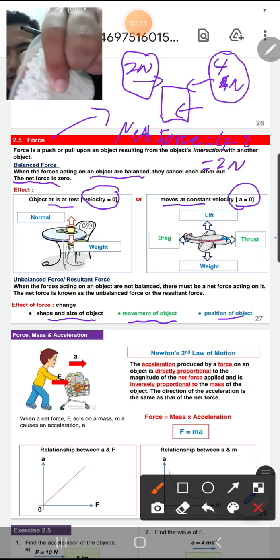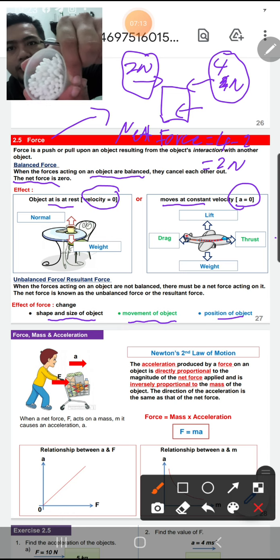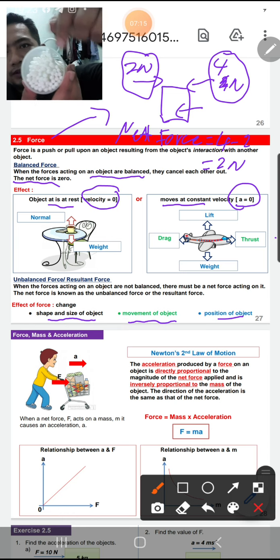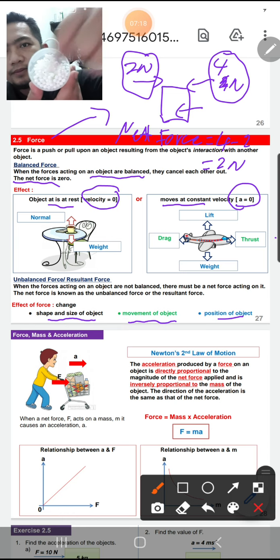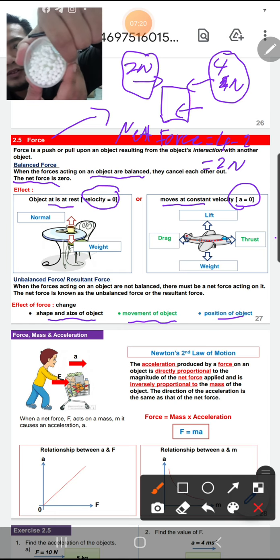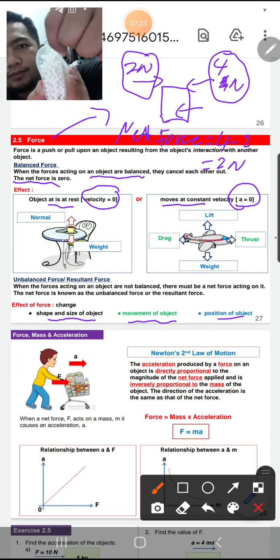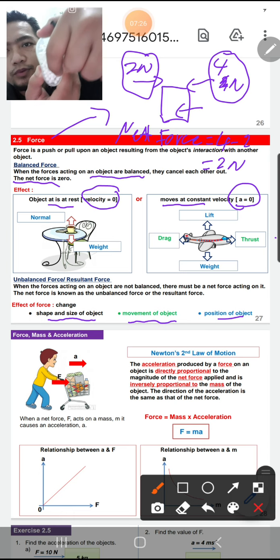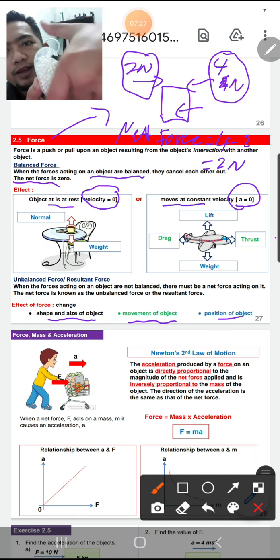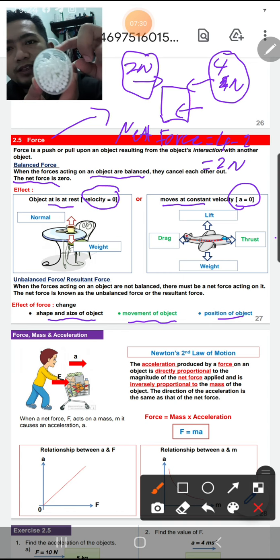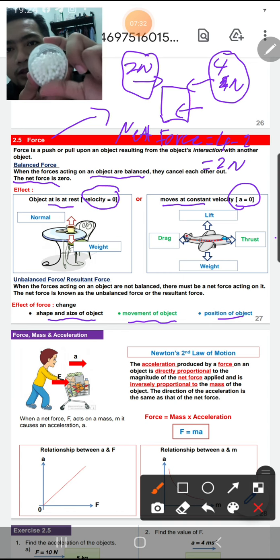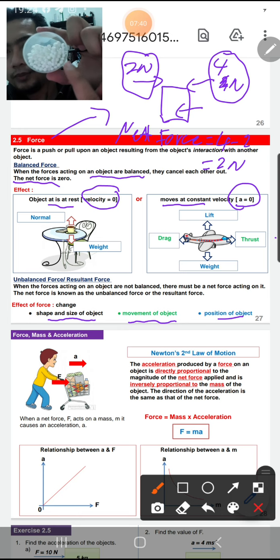There is change of shape and the size of the object. At first, the circle is big. When teacher applied a force here, it becomes small. The hole becomes small. It widens upward, it is no longer round. You applied a force, okay. That circle has become small. This circle becomes smaller.